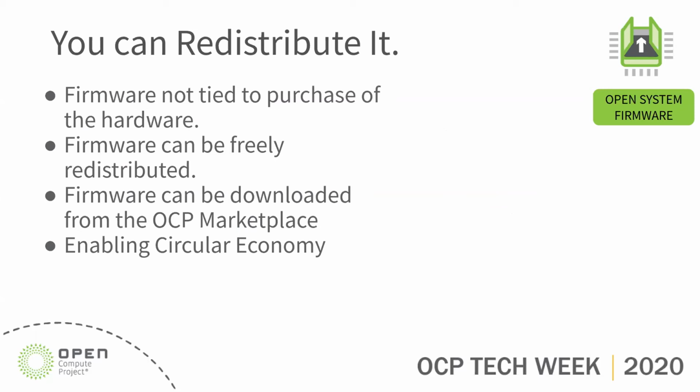Sometimes you could purchase the hardware and you could download the firmware from the manufacturer's website, but you can't actually redistribute that firmware freely, which is the goal of this requirement: that you can redistribute the firmware from anyone to anyone without any restrictions which prevent a circular economy.